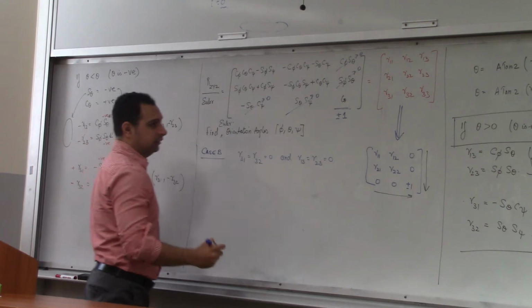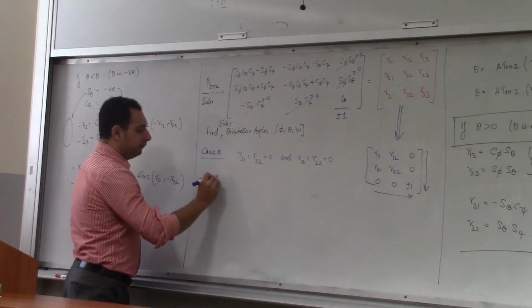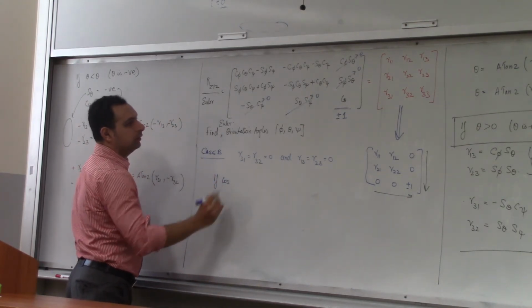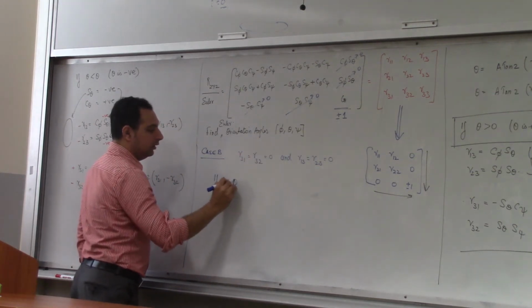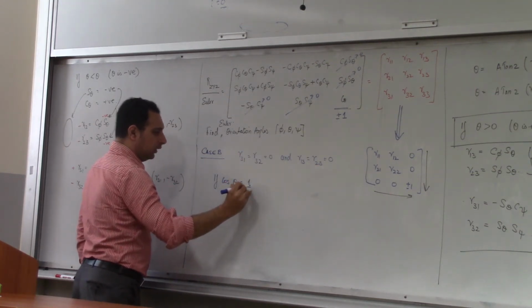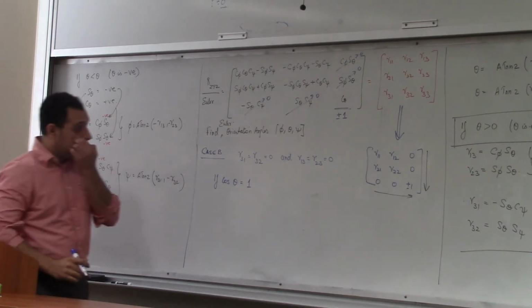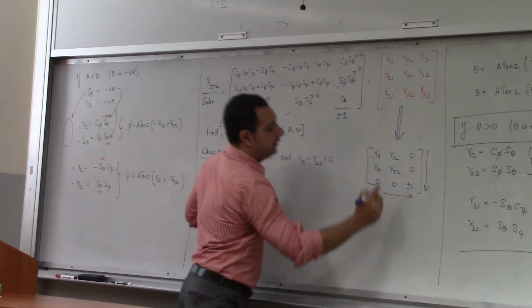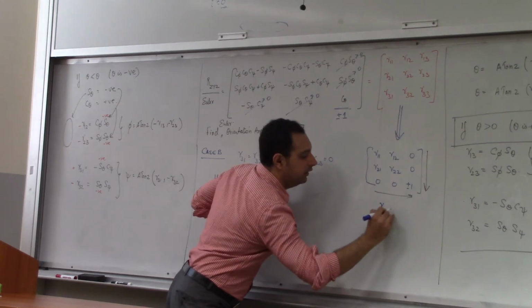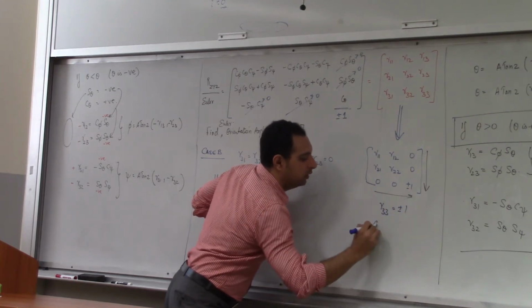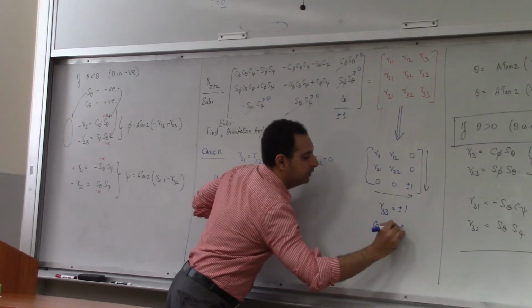So we have again two options. If cos theta is equal to 1, in this case R33 is equal to plus or minus 1. So cos theta is equal to plus or minus 1.